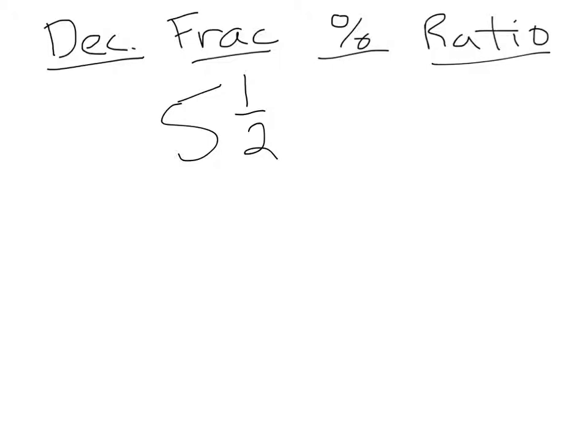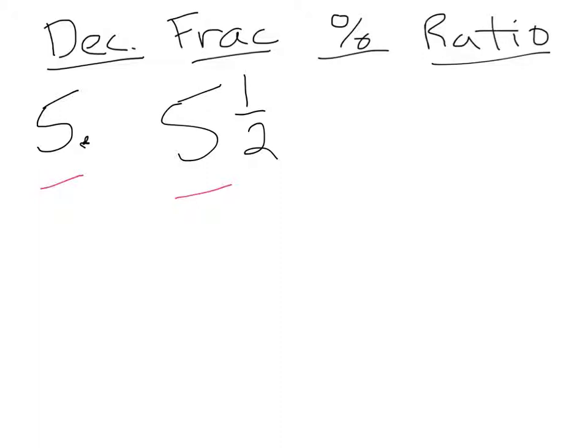Again, with fractions, I can do two things. I can take a fraction and convert it to a decimal, and a fraction and convert it to a ratio. Let's look at that decimal first, because we just looked at something like that. Again, remember when I have a number in front of my fraction, that becomes the number in front of my decimal. So that means since 5 is in front of that 1/2, I know it's going to be 5 point something. So that 1/2 is what I have to divide in my calculator.